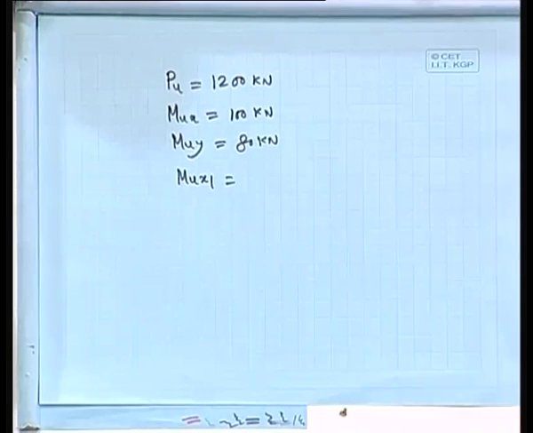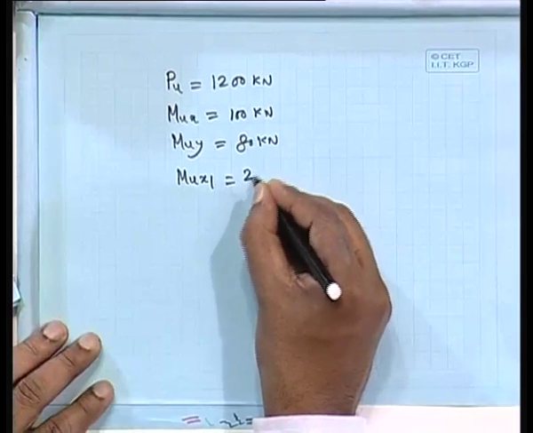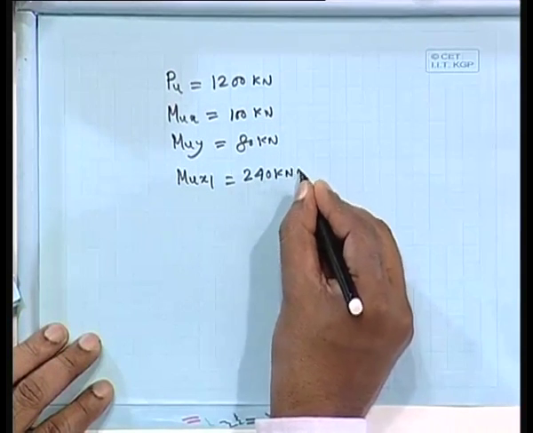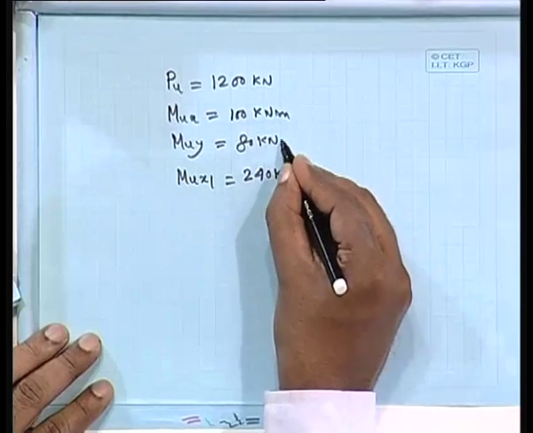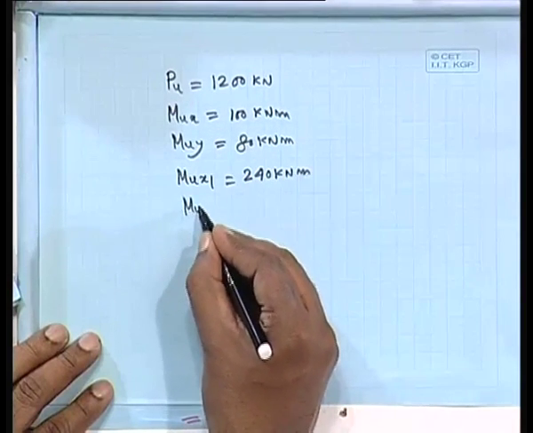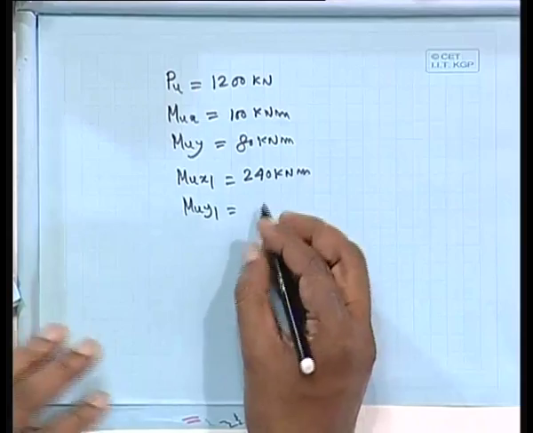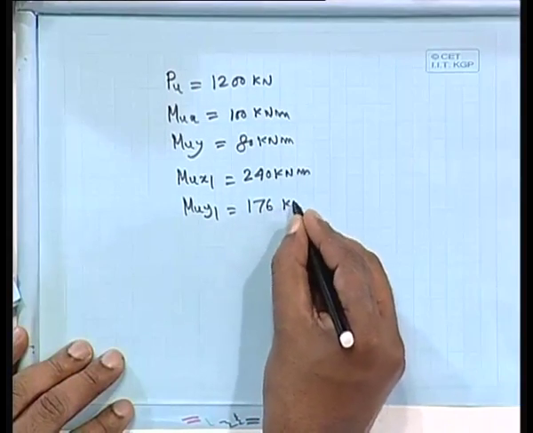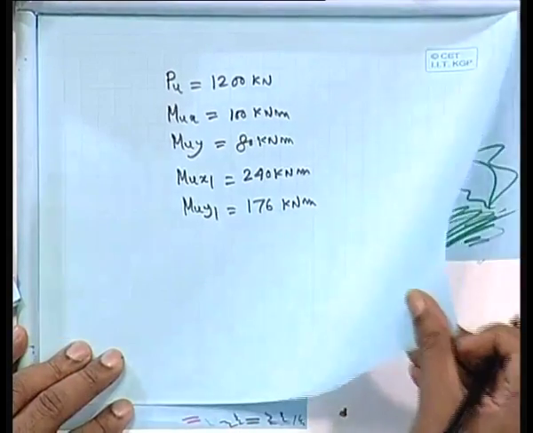How much have you got for MUX1? 240 kilonewton meter. And MUY1 176 kilonewton meter. I think I am going out of paper.